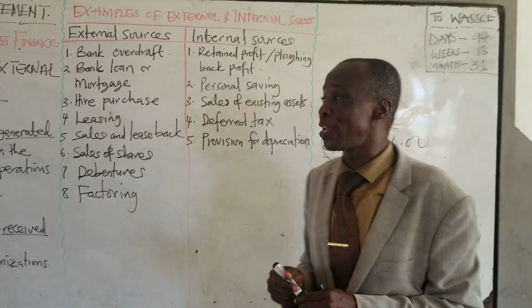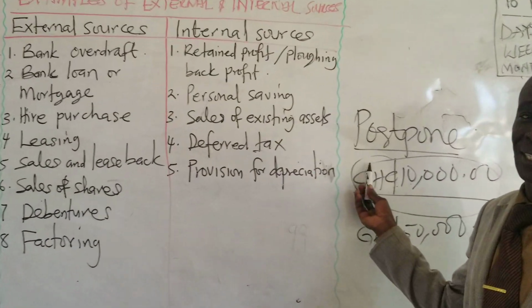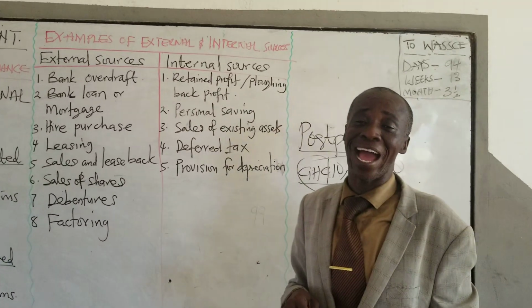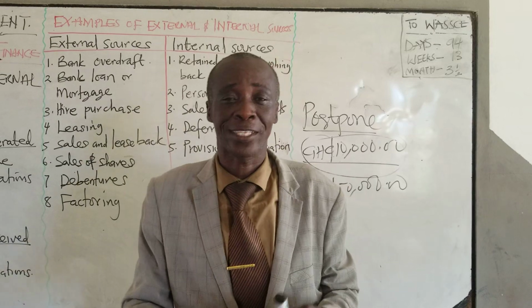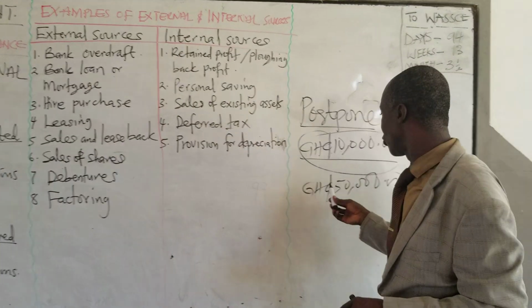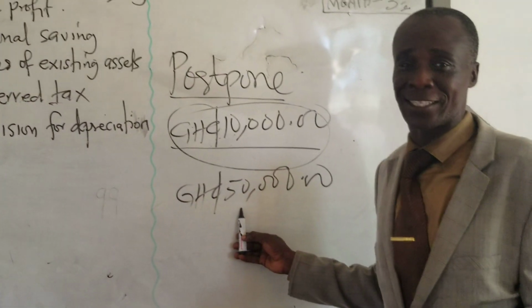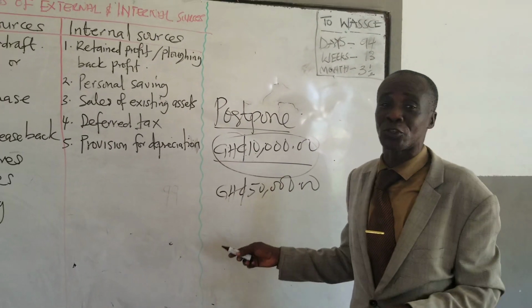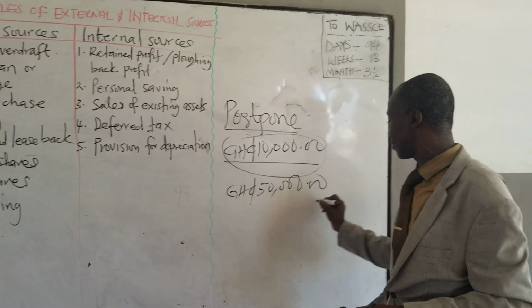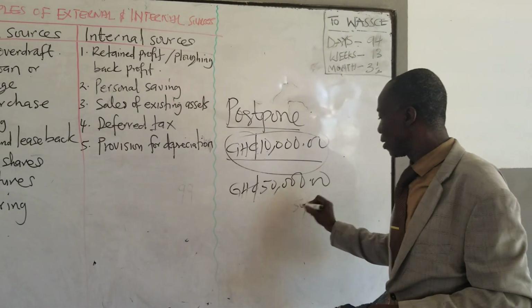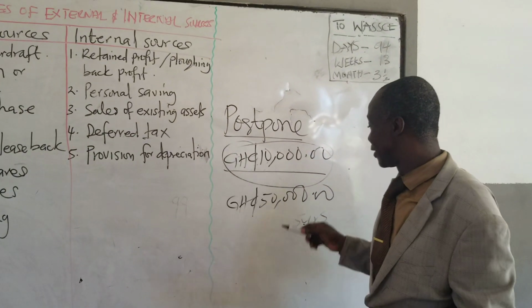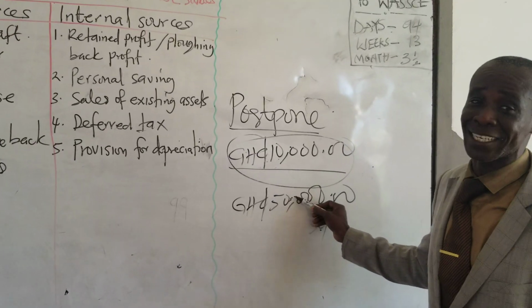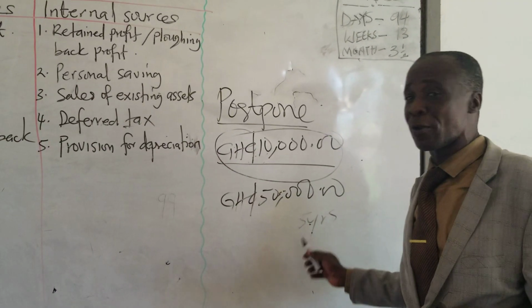Now, I was talking about depreciation, and I said when you buy an asset, the value falls. And I was telling you how it happens. So I said you bought an asset for 50,000 Ghana cedis, and then you were going to use it for 5 years. If that is the case, then it means that the asset will be spread over the period of 5 years.